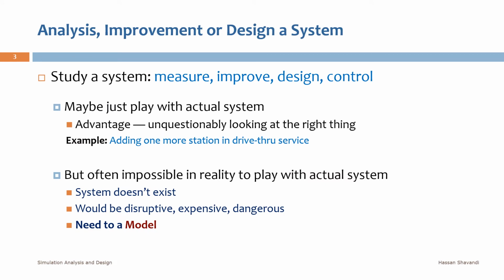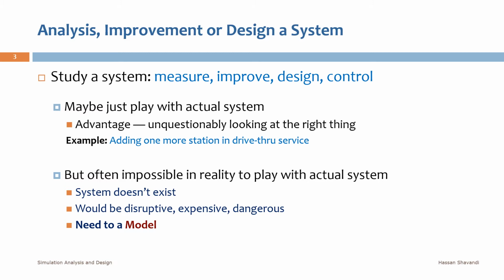What do we mean by analysis, improvement, or design of a system? When we have systems, we need to study them. Why do we need to study systems? Because we need to measure the performance of the system. Based on the measured performance, we may need to take some actions to improve the performance of the system.